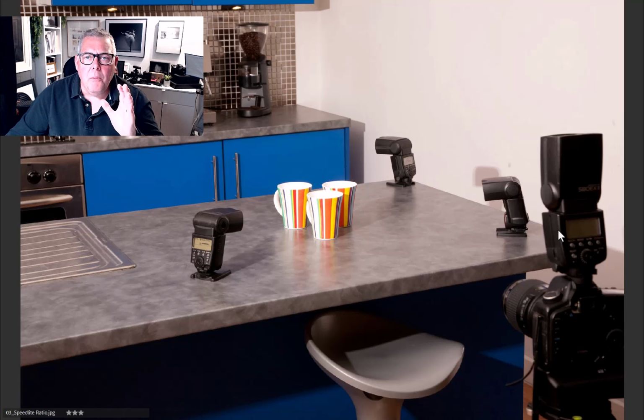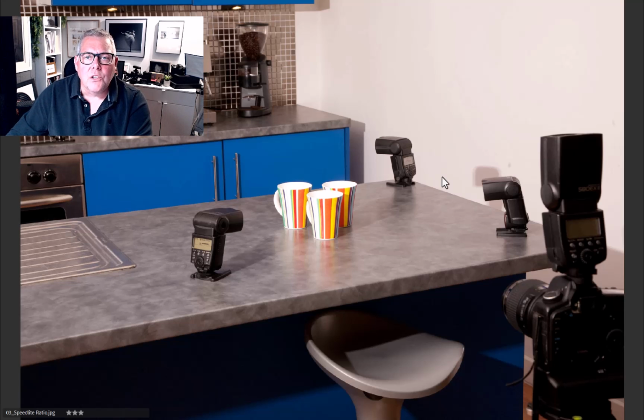And basically what the numbers mean, there's a stop difference to the other. So in other words, if I was to have a 2:1, it would mean that the flash that we're seeing here on the left hand side has one more stop in power than the flash on the right hand side. The C flash is usually set just in a manual mode with most speedlights anyway.